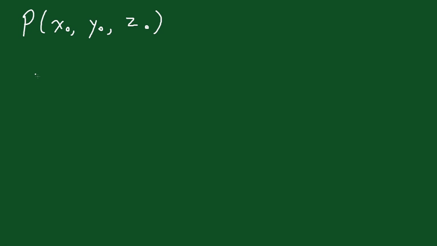Then you have a plane, and you have the plane written with the Cartesian equation, otherwise known as the general form. Okay, and the general form looks something like ax plus by plus cz plus d is equal to 0. If you have these two things, you can use the following equation to find the distance between the point and the plane.